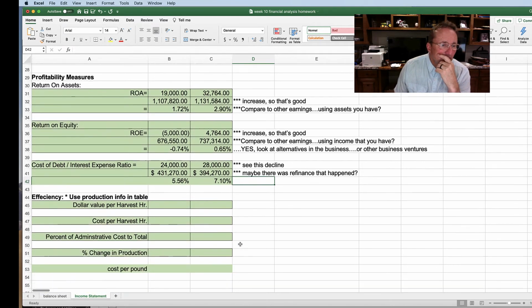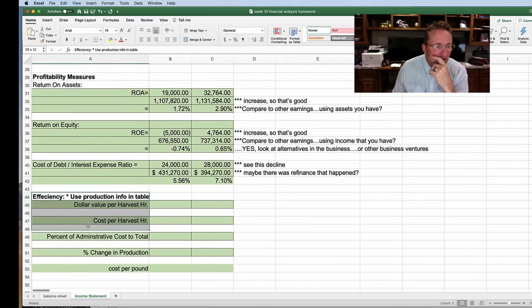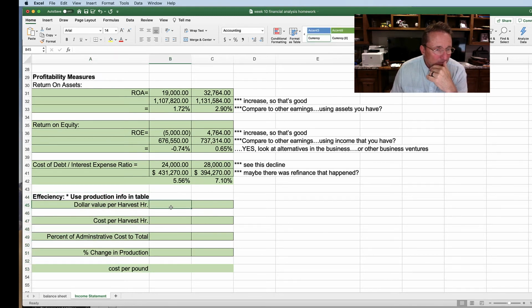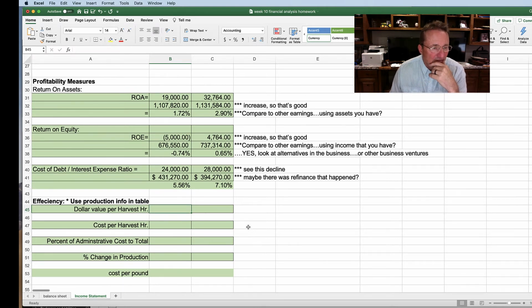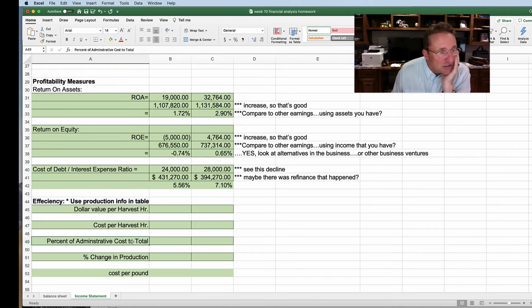All right, so if we go down to efficiency ratios, this is where you try to get a handle on what the business is doing. This can be really creative. There could be lots of things here. But dollar value per hour is a good one. Harvest cost per hour of work. Got workers here. Percentage of administration to total cost.